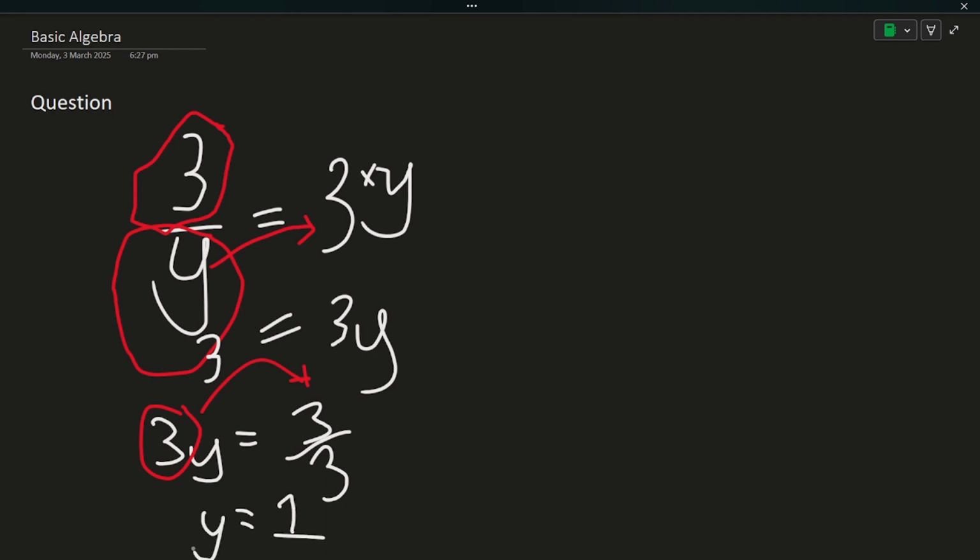Y is equal to 1, and you can double check that with this. 3 over 1 is equal to 3, because any numeral over 1 is going to be the same numeral again, or divide by 1, or times by 1. It's the same thing every single time. So yep, the answer there is correct.